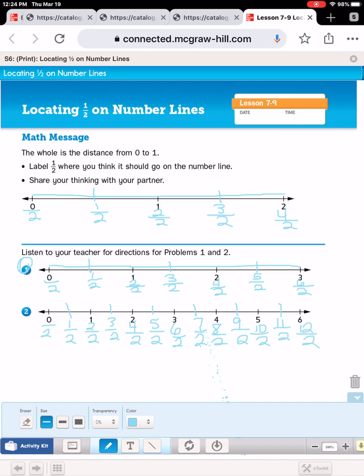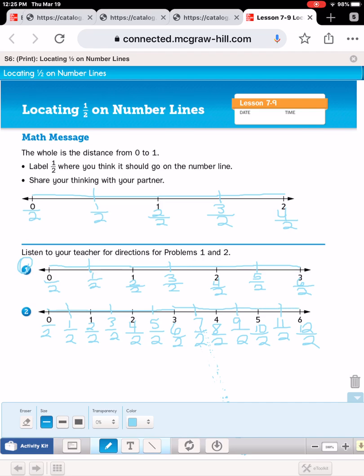Then, traveling from 0 all the way to 6, let's count our halves. 1/2, 2 halves, 3 halves, 4 halves, 5 halves, 6 halves, 7 halves, 8 halves, 9 halves, 10 halves, 11 halves, and 12 halves.